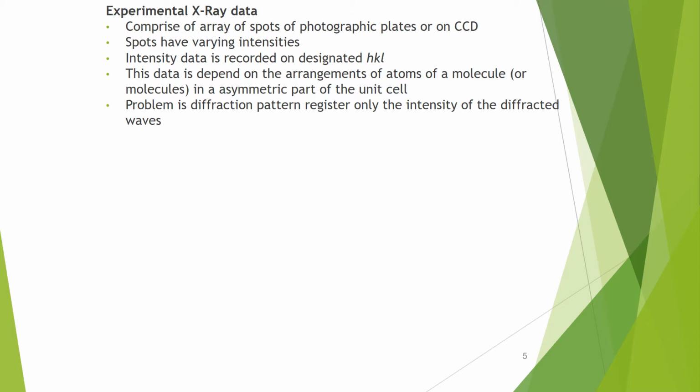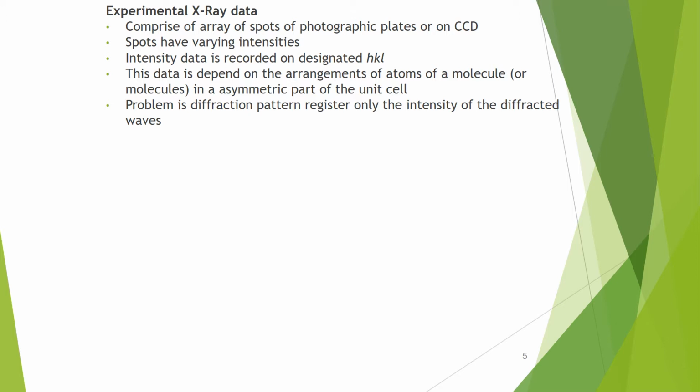Experimental X-ray data comprises an array of spots on photographic plates or a CCD. The spots have varying intensities. Intensity data is recorded on the designated hkl Miller indices.